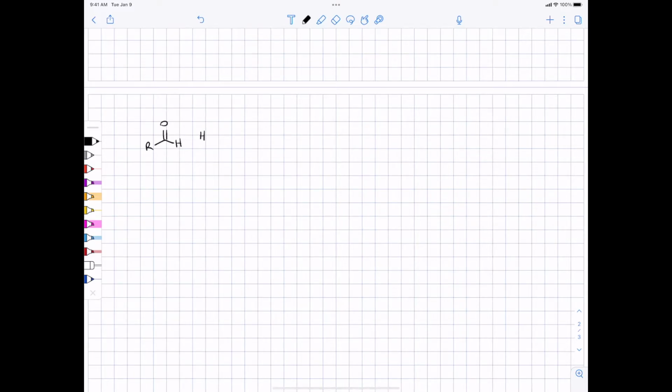We won't even say what our acid is at this point. And we will first protonate the aldehyde, and then the nucleophile will attack, and let's suppose it's methanol, okay?